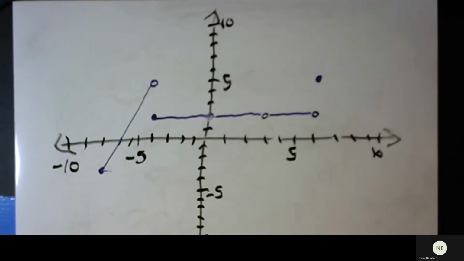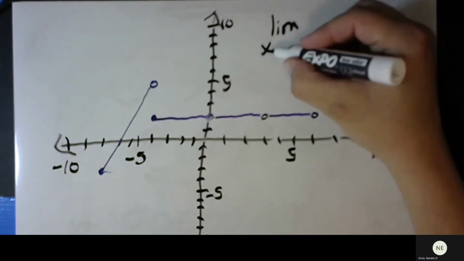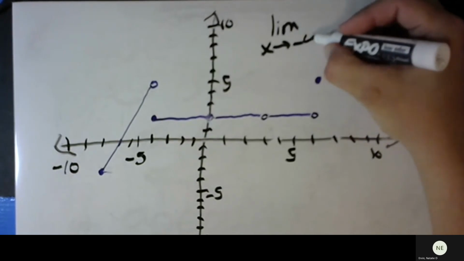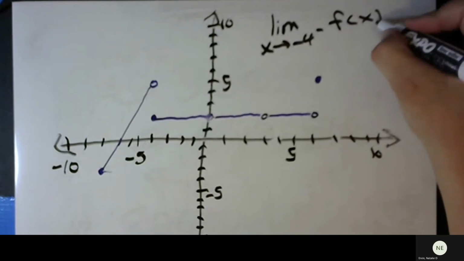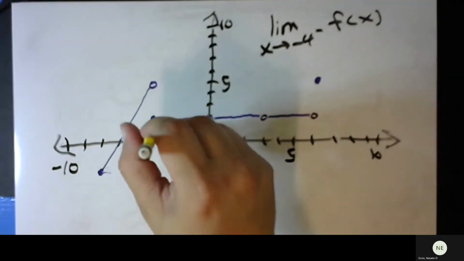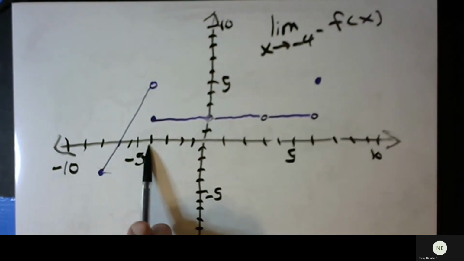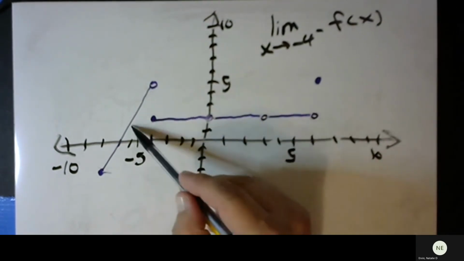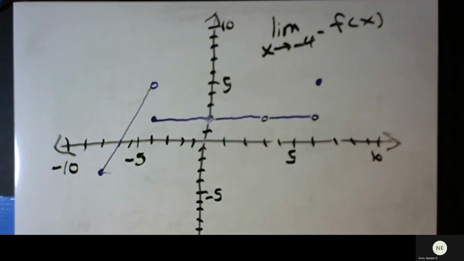Now, if we take a look at x approaching -4, now it's -4 minus. Here's -4. We want to approach -4 from the left. As we do that, the function is rising up to 5.